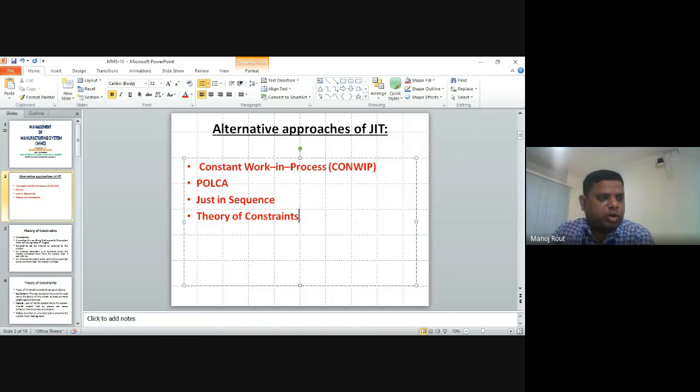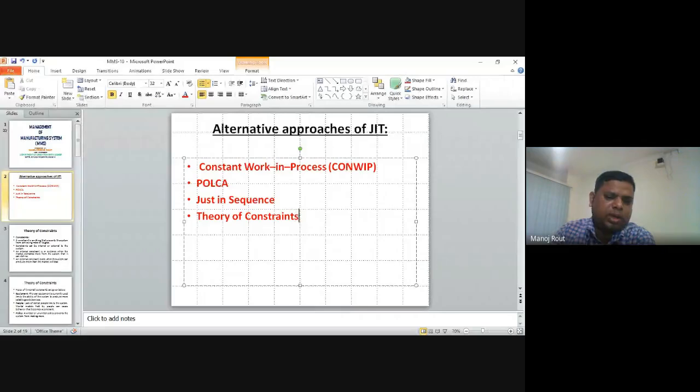It is a capacity signal card which is directly involved in manufacturing activities. Then moving to the next one, just-in-time sequence. It is an inventory strategy which matches just-in-time, and it fits in a sequence with variation of assembly line production.